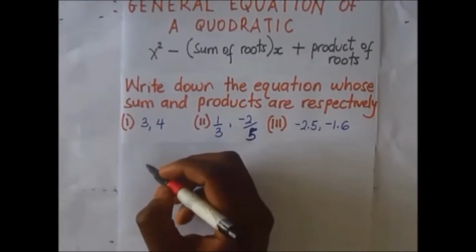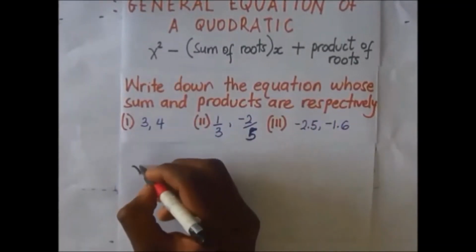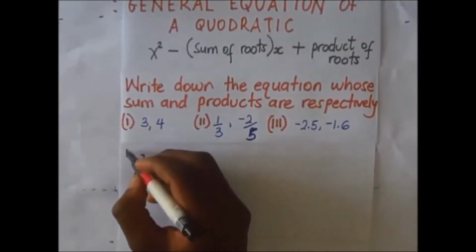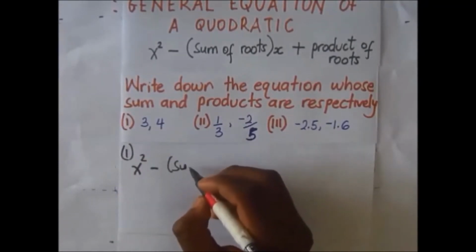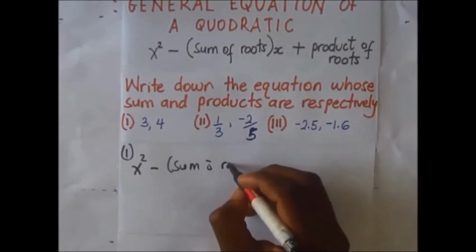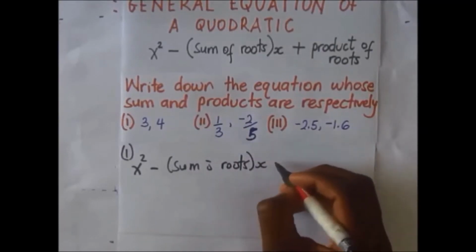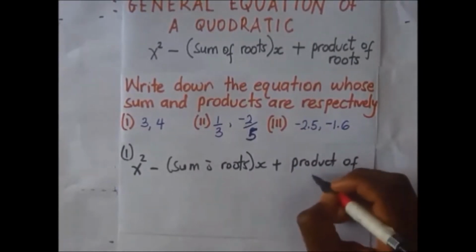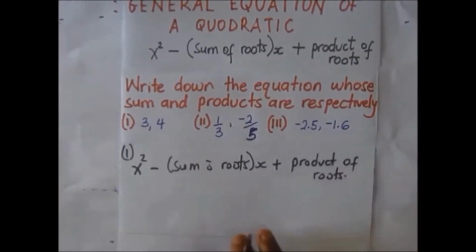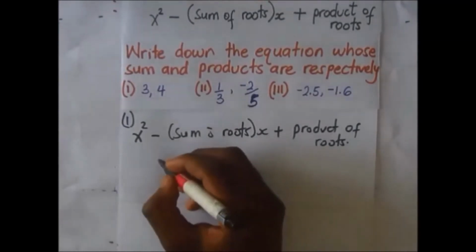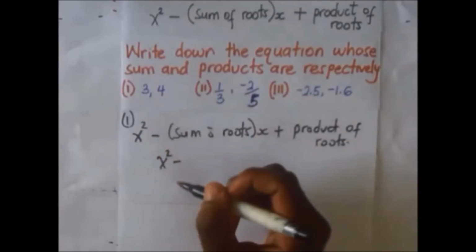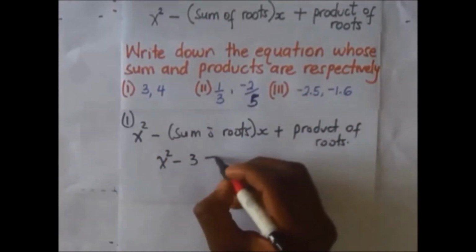Now remember that we are going to use that, x squared minus sum of roots x plus product of roots. This is for Roman 1. So in this case it's going to be x squared minus, what's the sum of the roots? Here the sum is 3, plus, what's the product?